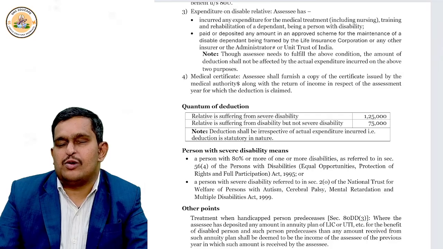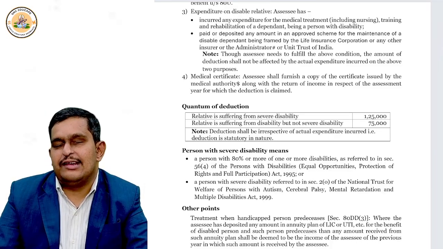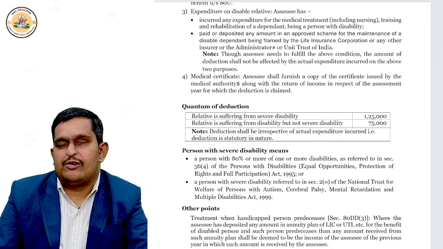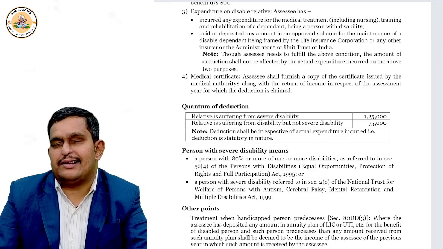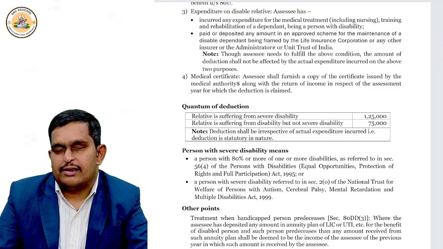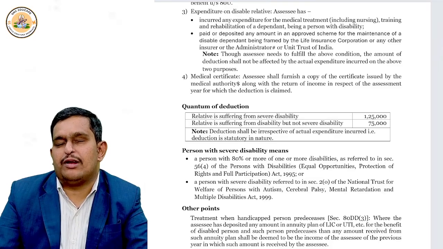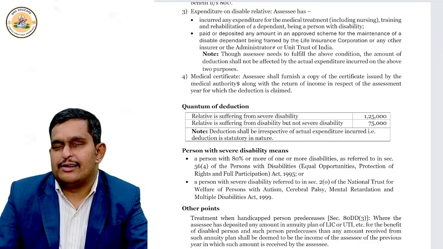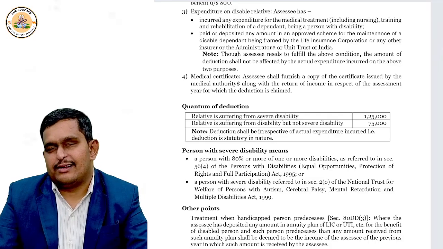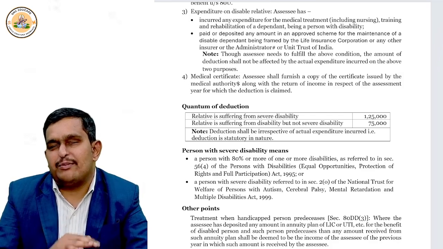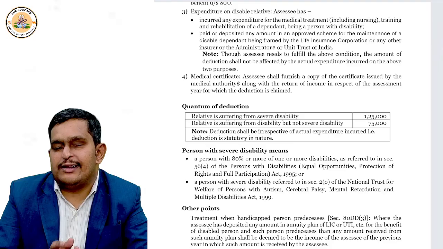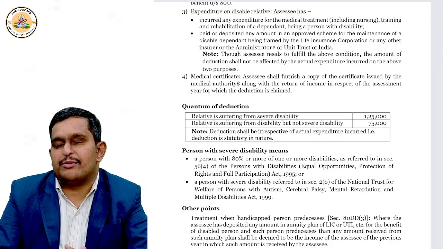If it is between 80 to 100, 1,25,000 deduction can be claimed. And finally, if any contribution is made for maintenance in LIC policies or annuity policies and the disabled person dies before it, the amount received on the policy will be fully taxable to whoever receives it. If the disabled person receives it, it is exempt. But if any other person receives it because the disabled died, it is fully taxable to them.